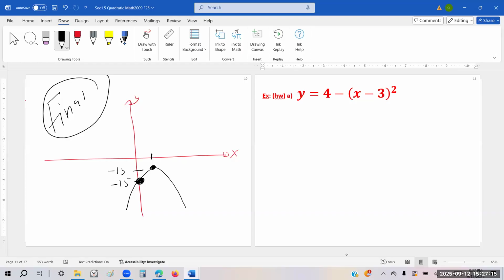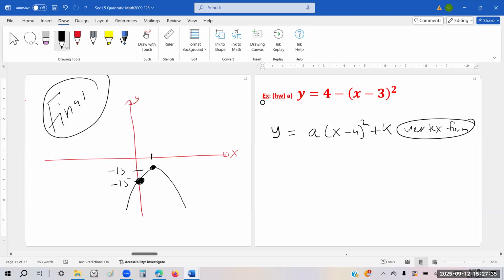The format looks weird because the format is actually y equals a(x minus h) squared plus k. This is the vertex form. So this form and that form don't match, right?